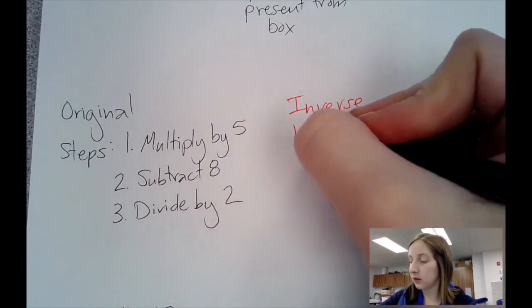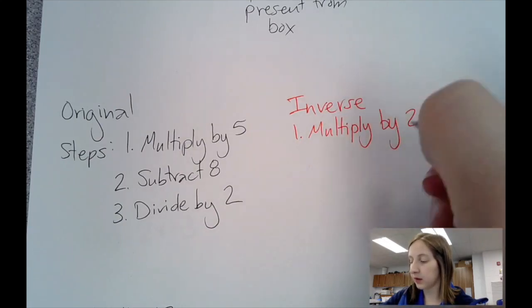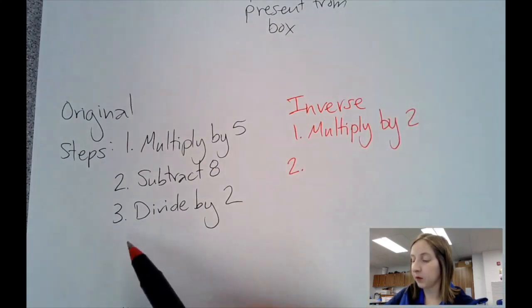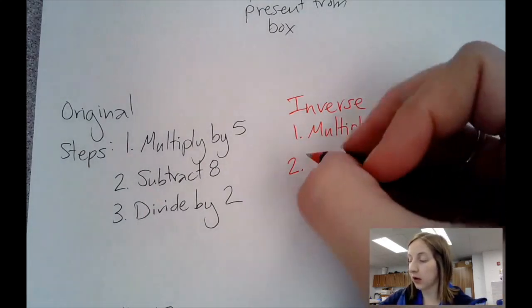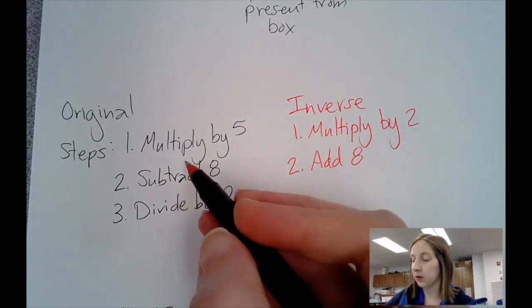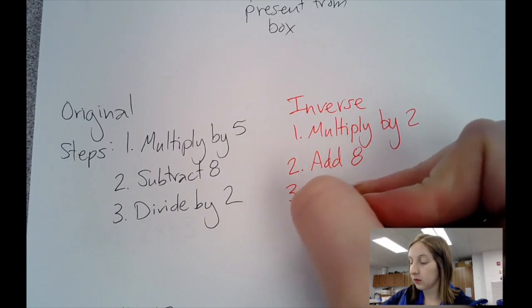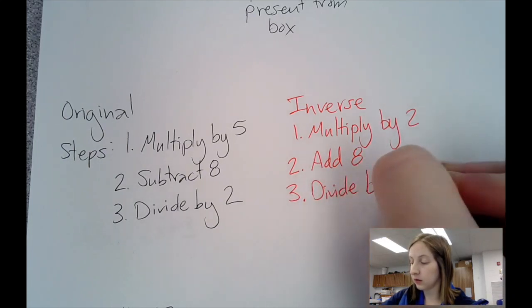Undoing dividing is multiply. So I'm going to multiply by 2. Then I'm going to work my way back up. I'm going to undo subtract 8: add 8. Keep going. Undo multiply by 5: divide by 5.